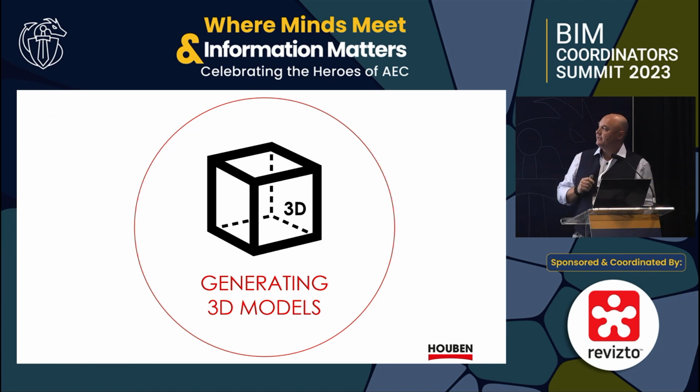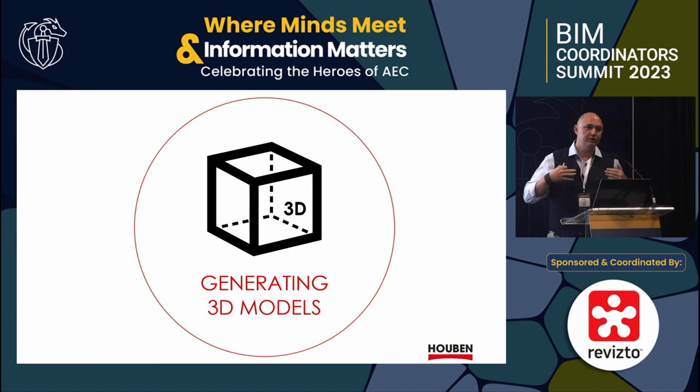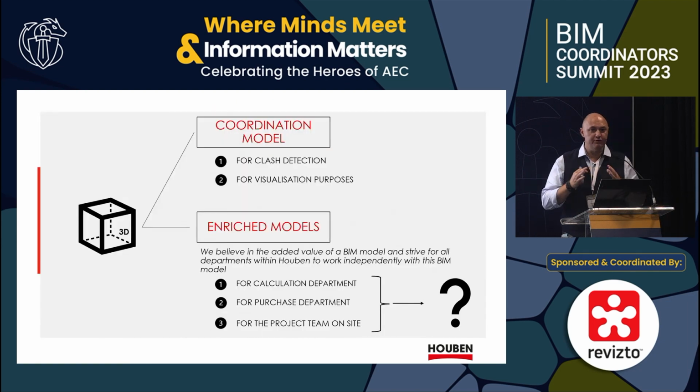The second task is generating 3D models. As a BIM coordinator, an obvious one for me is making coordination models. Why? For clash detection, of course, and for visualization purposes. But remember what I said, we want to have connectivity with all the departments within Houben.